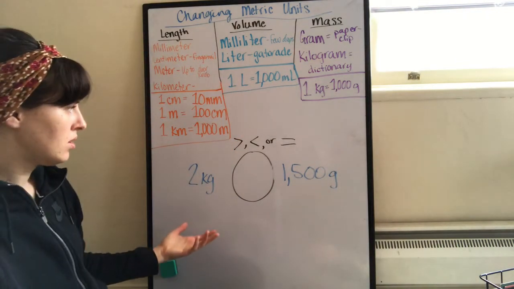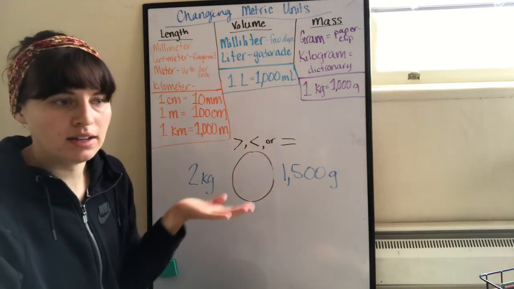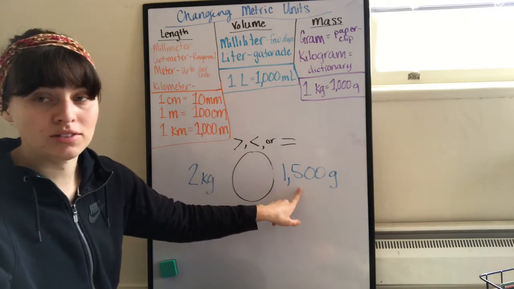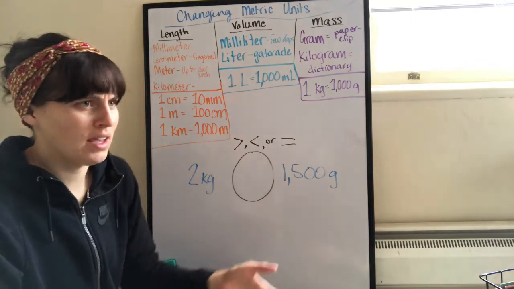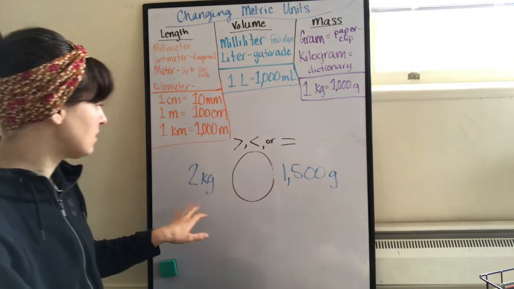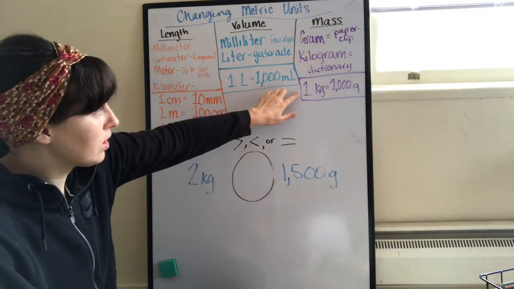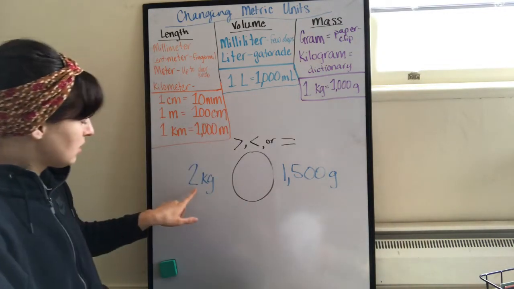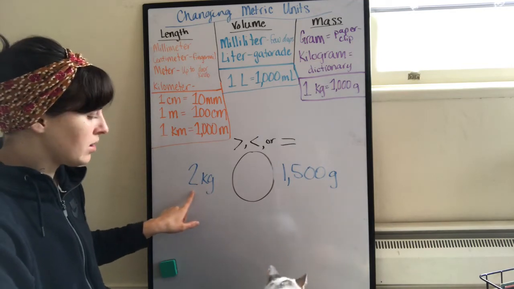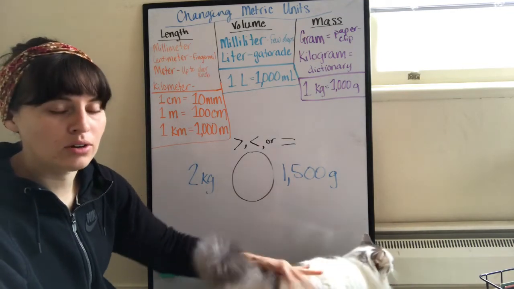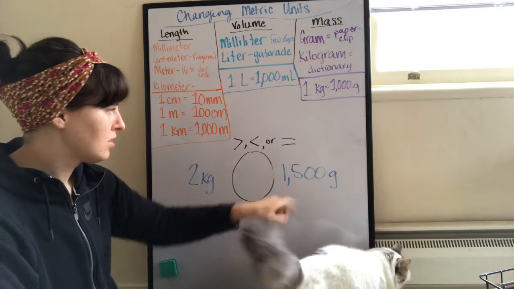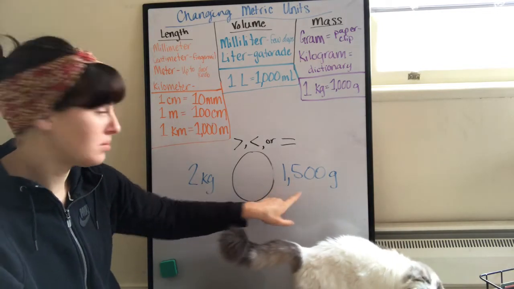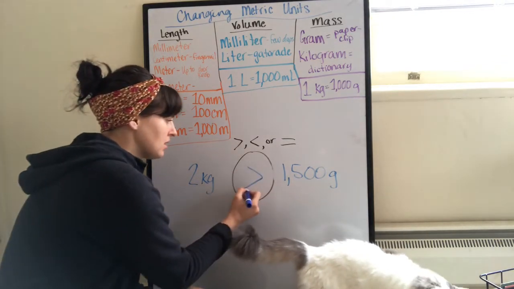So remember, 2 dictionaries, I can imagine that. 1,500 paper clips, I can't really picture how much that weighs. But I know that 1 kilogram is 1,000 grams. So if this is 2 kilograms, that'd be the same as 2,000 grams. So this is less than 2,000 grams. That means 2 kilograms is bigger.